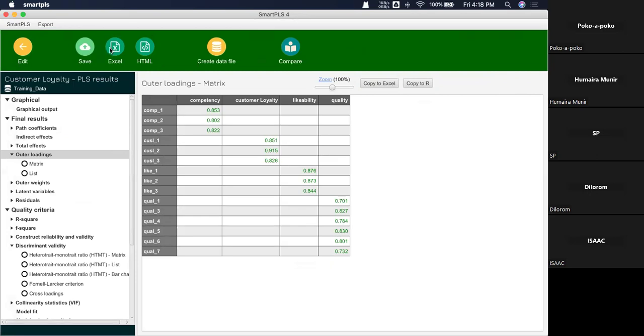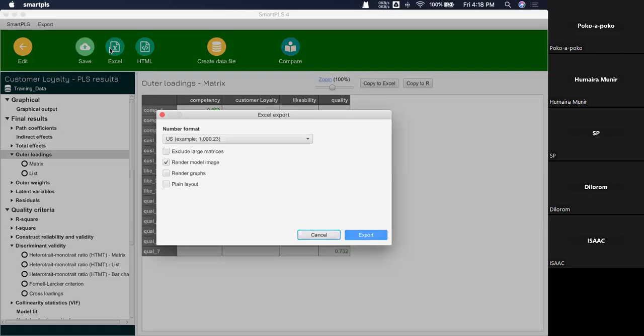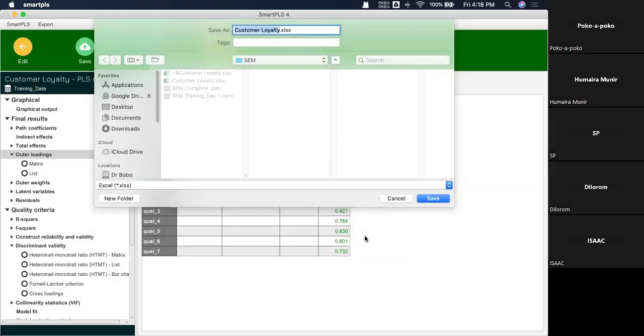Have you clicked? If I click on it, it's going to open a pop-up window, and on it you can see Excel export, right? Can you all see that? Yes. So just click export. When you click it, it's going to open a page for you to select where you want to save it. So you select a place you want to save it, and you click save.